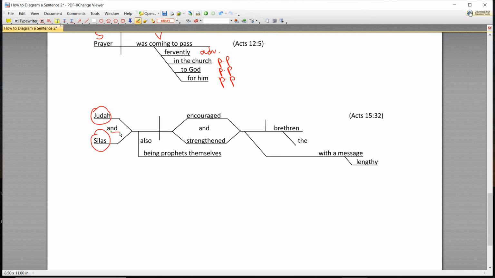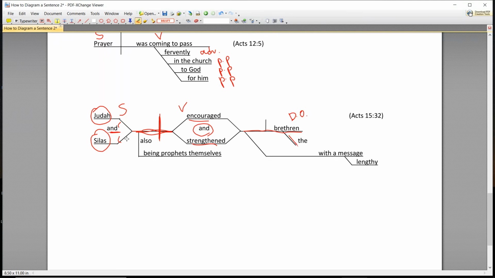Judas and, so put "and" in between here, Silas, and then this is the baseline, sorry. And then here subject and verb, encouraged and strengthened. So we have two verbs, right? And in the middle, who? This is the continuation of the baseline. The brethren, direct object, the brethren.